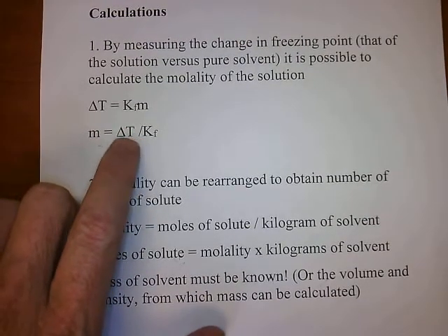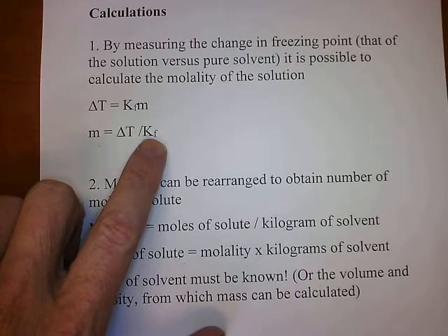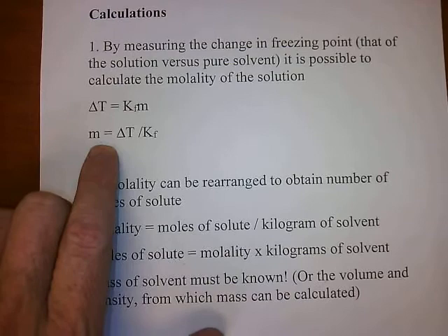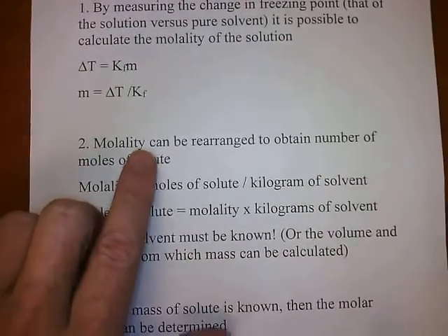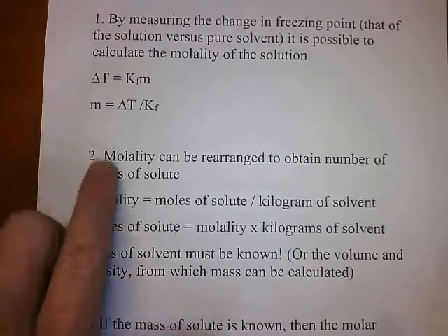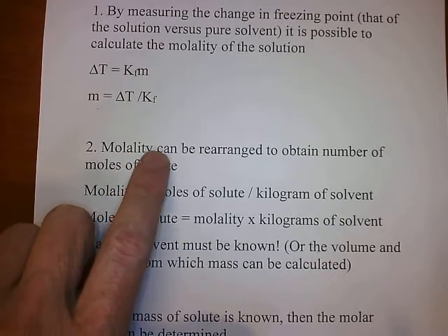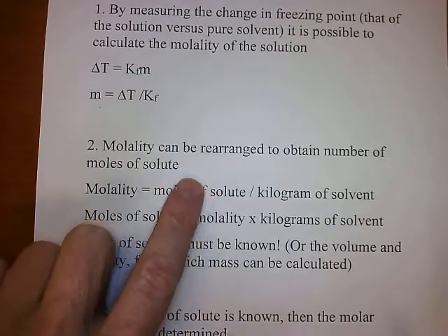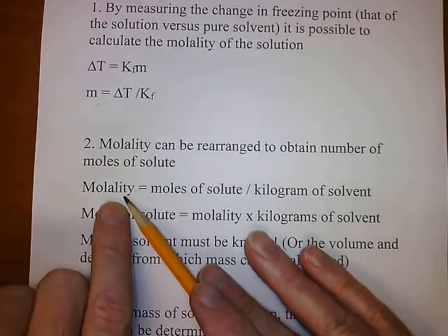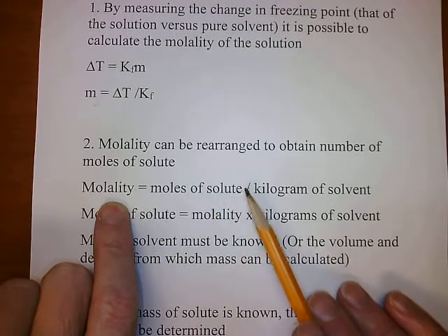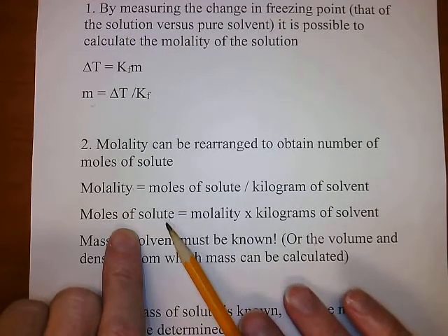If we know the change in freezing point and we know the freezing point depression constant, then we can calculate the molality of the solution. Then, from the molality of the solution, we can get the number of moles of solute. Because we can take the equation for molality and rearrange it to solve for the number of moles of solute.